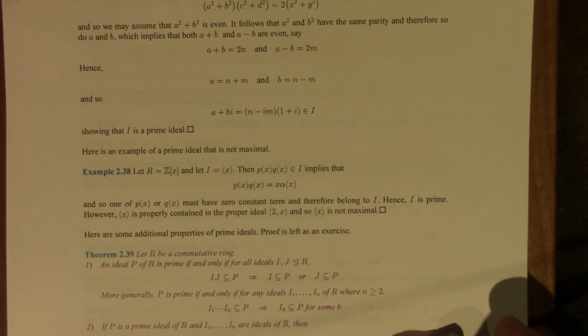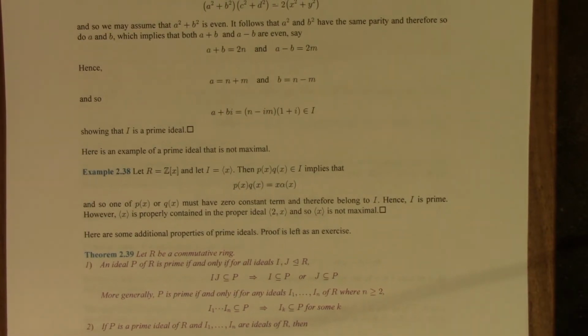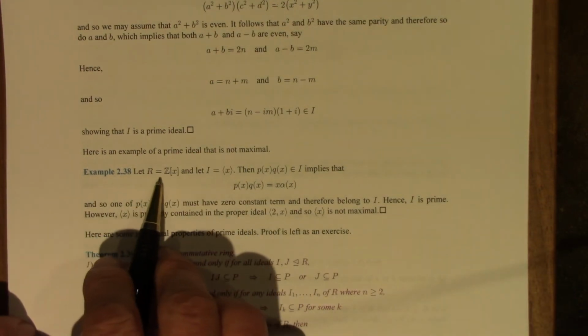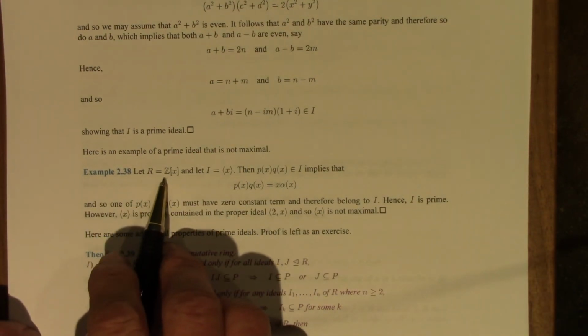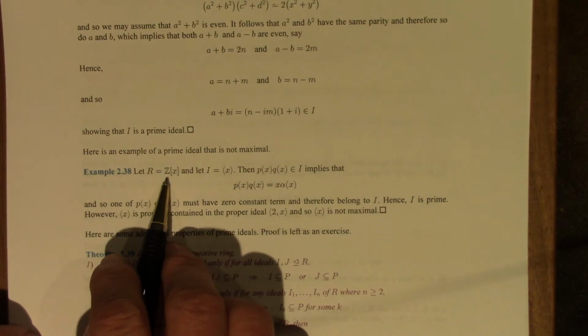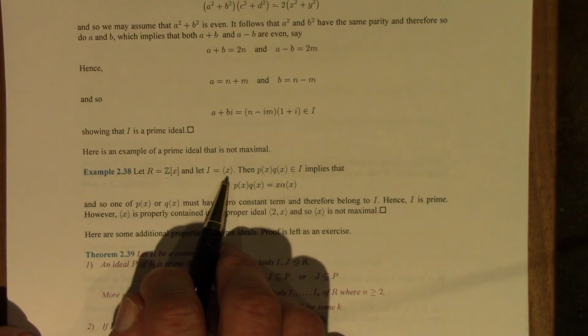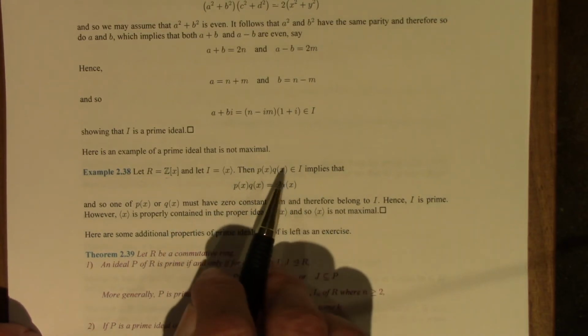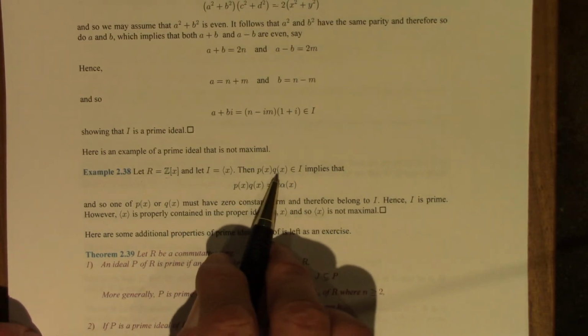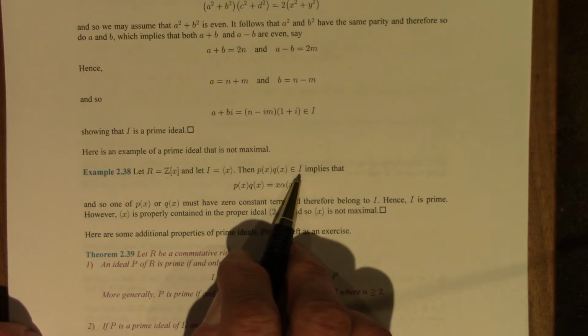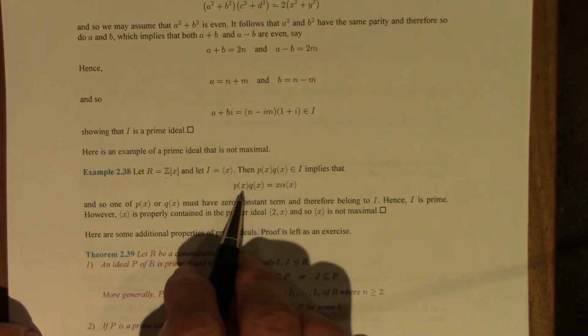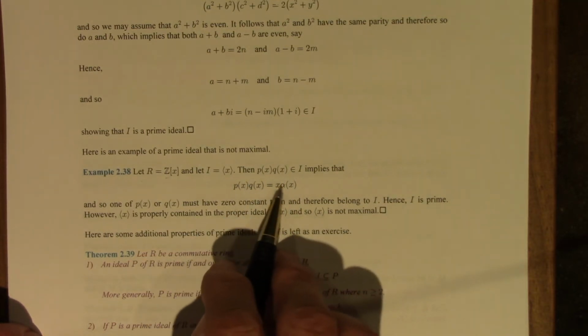Here's an example of a prime ideal that is not maximal. R is Z[x], the ring of integer polynomials, and I is the ideal generated by x. Then p(x) times q(x) in I implies that p(x) times q(x) is some polynomial multiple of x.